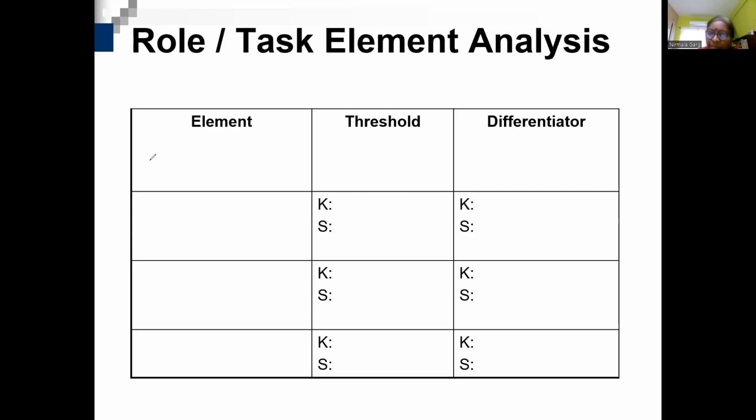For example, a recruiter will do a lot of things just to do what? Sourcing. Right? Not very clear? Okay. So what are some of the job elements which a recruiter will be doing?